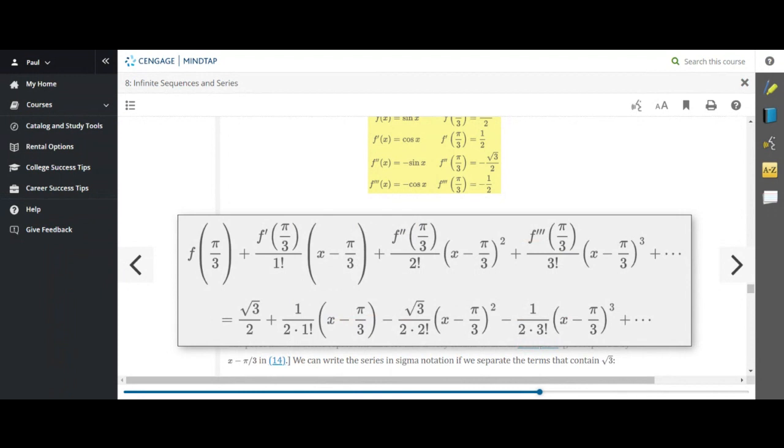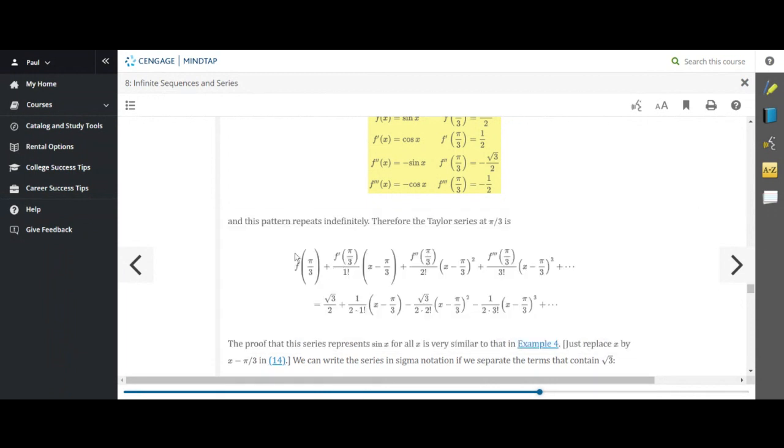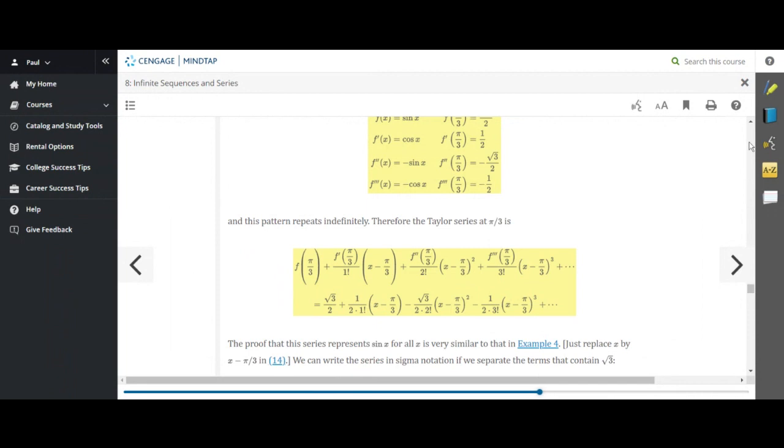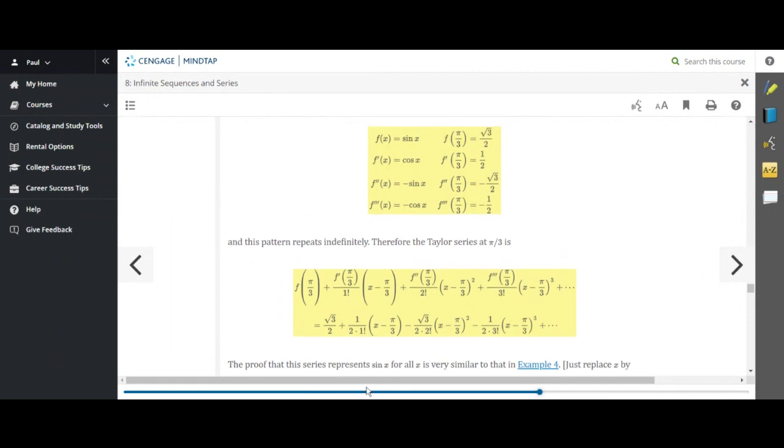And in this case, I'll highlight this. All right, so do you see what they're doing there?